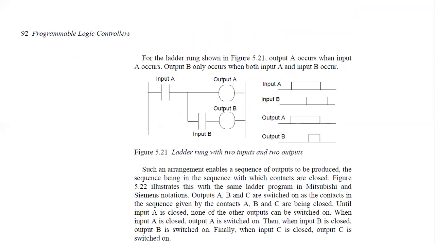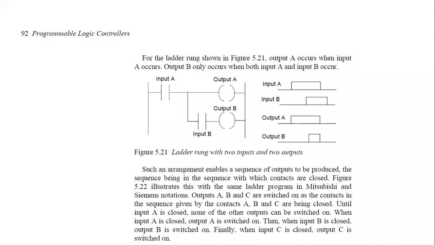There is also that figure 5.21, whereby we have one input, that is input A, that operates two coils, that is output A and output B. But we also have another input, that is input B, that is supposed to control the output, that is the coil B. So for this ladder diagram, the ladder rung that is shown in figure 5.21, output A occurs when input A occurs.